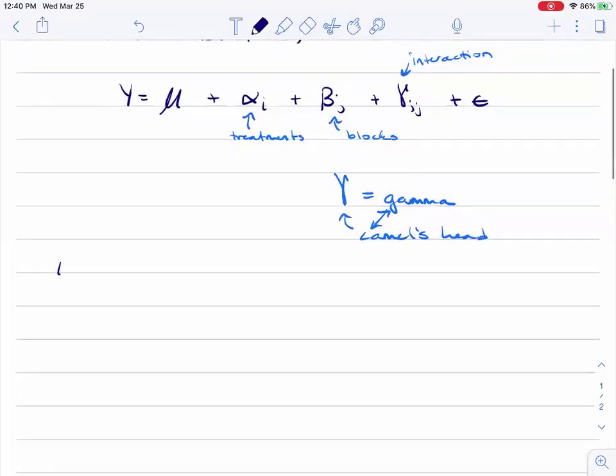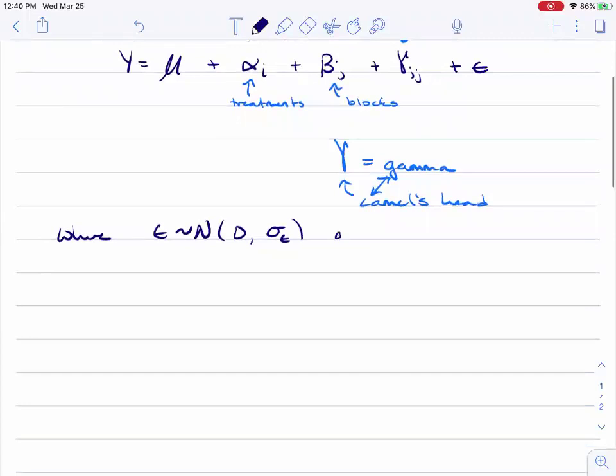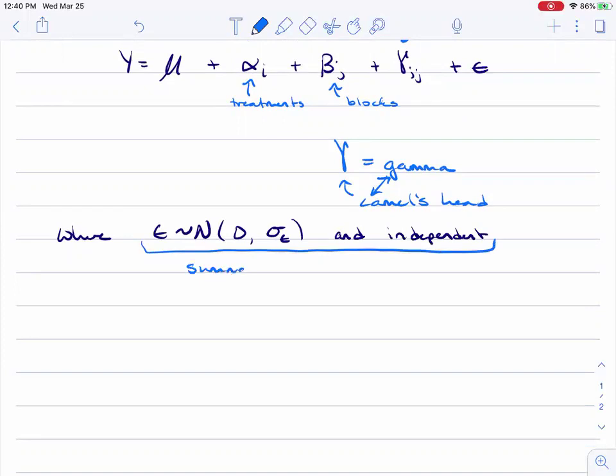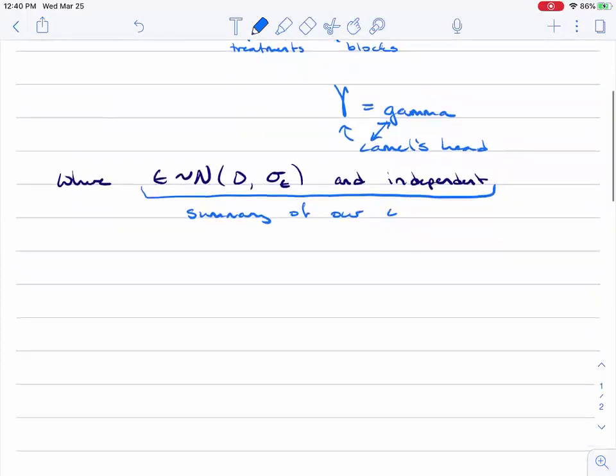And where we assume that the errors follow a normal distribution centered on 0 with some fixed standard deviation and independent. This is basically just a summary of our conditions.